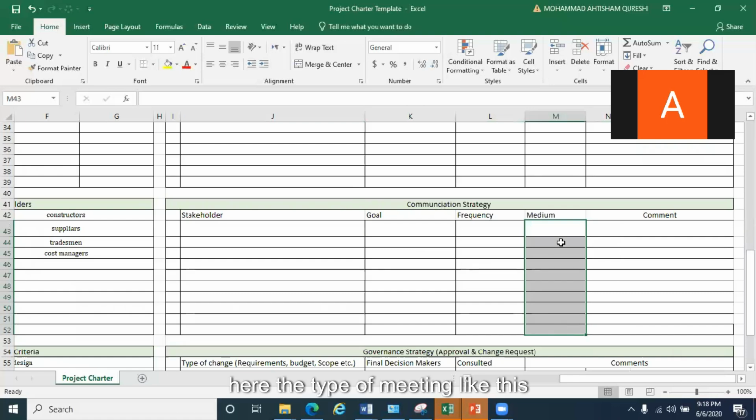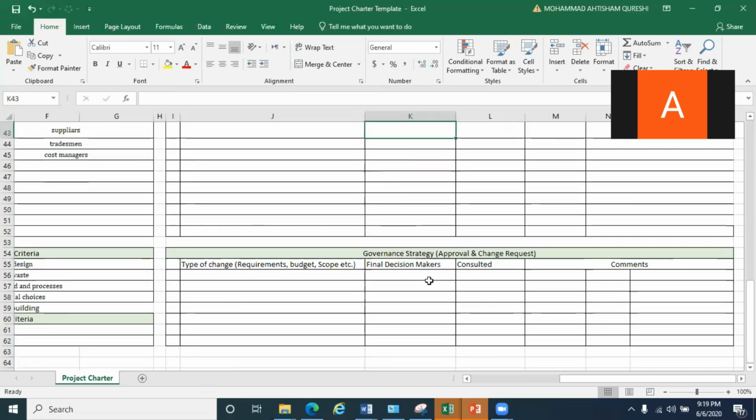We can mention here the type of meeting, like face-to-face or Skype meeting, Microsoft Teams meeting, or bi-weekly meeting, whatever. And the goal is what will be discussed. So for contractors, the scope will be different, the objective will be different. For management, the goal might be to present the progress. So for stakeholder communication strategy, this will be our kind of template.